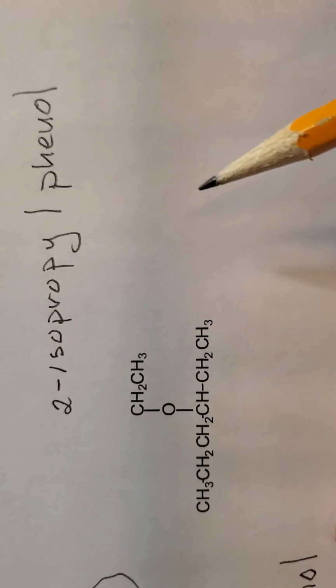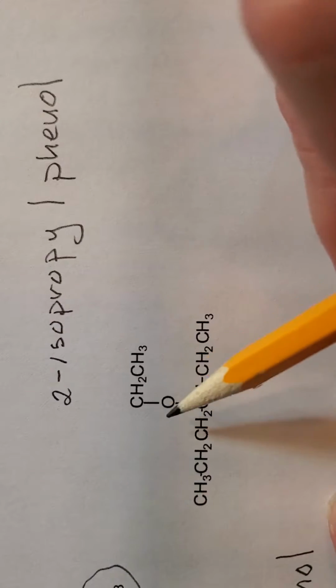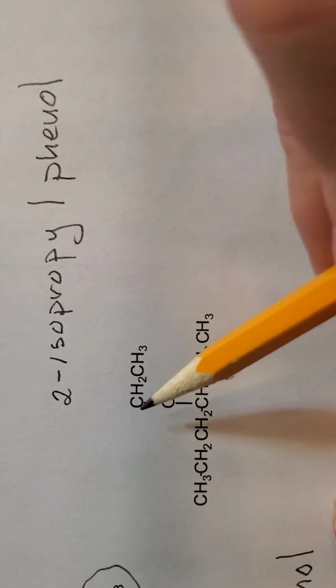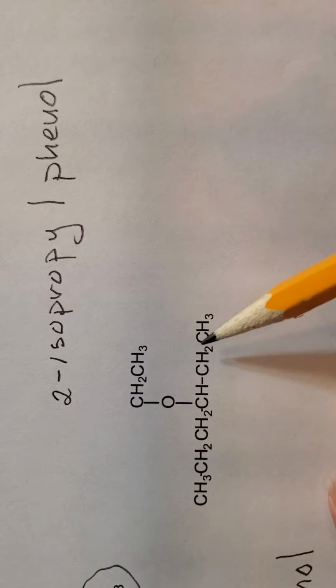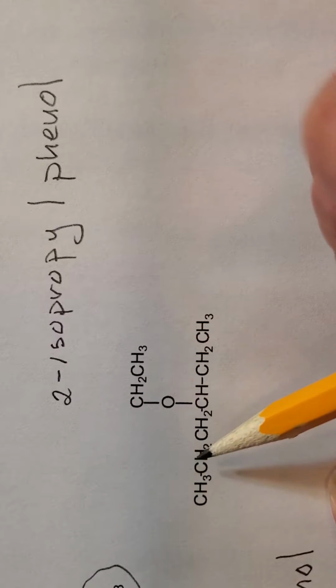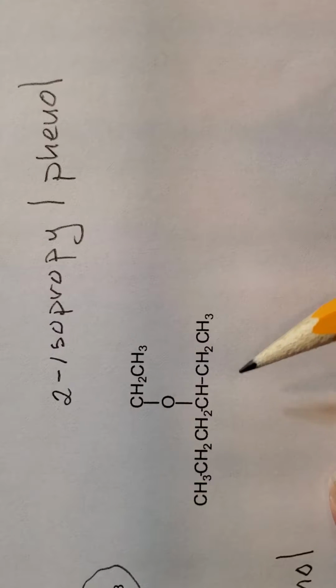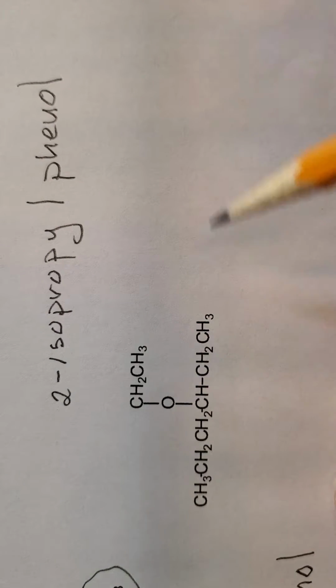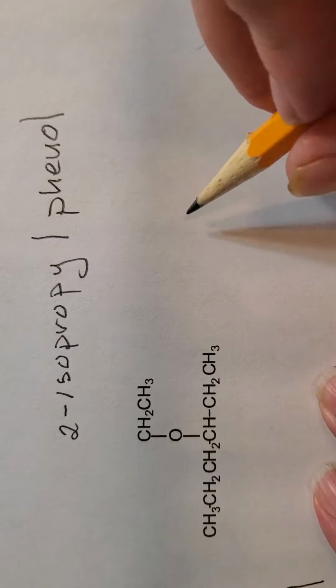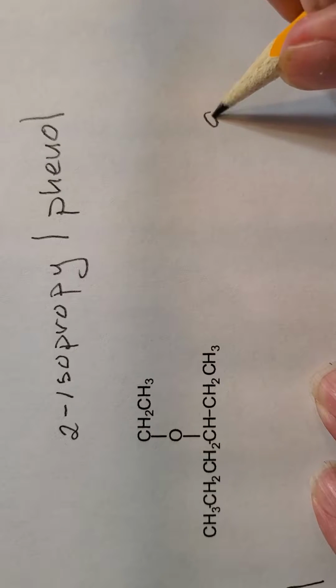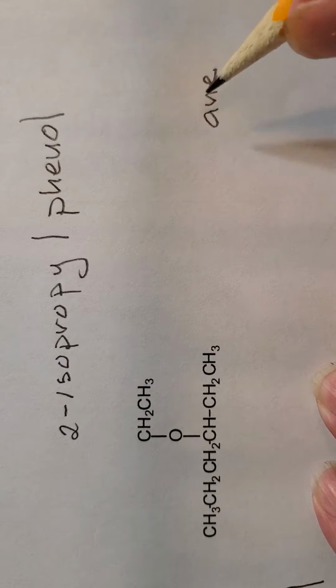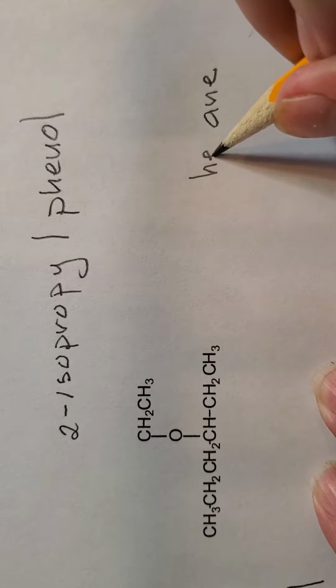All right. So let's try this one. It's an ether. It has oxygen with carbon on either side. The longest chain is 1, 2, 3, 4, 5, 6. So it's 6, and it's going to end in ane. 6, which is hex.